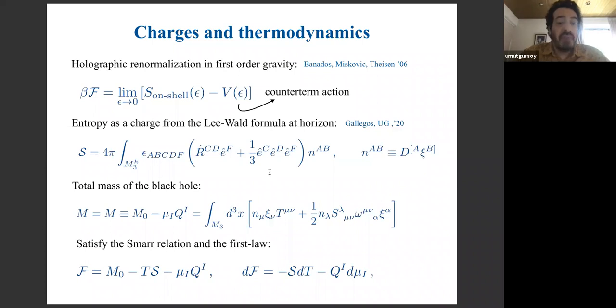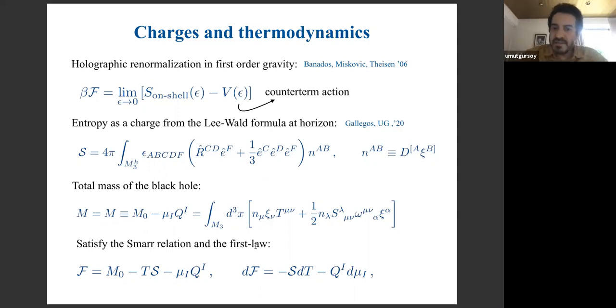And the total mass of the black hole can also be calculated. So there will be some Komar mass kind of term, which is this one. And then there will be some term that comes from the connection, from the spin sources, the associated spin charges.